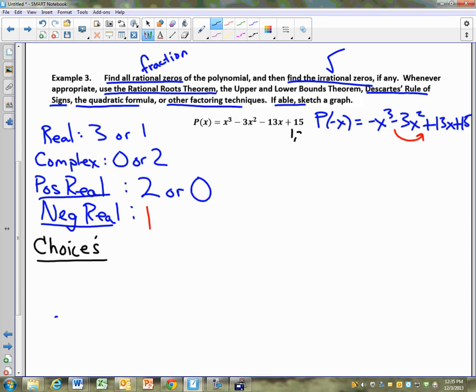Very good. What are my q's? You take your p's and divide them by your q's. So your choices are plus or minus 1, plus or minus 3, plus or minus 5, plus or minus 15. Those are my choices.